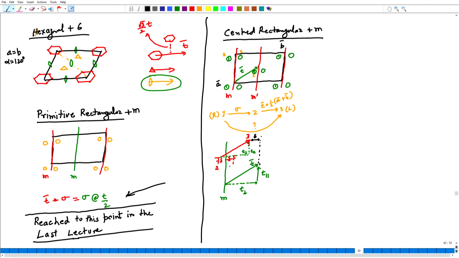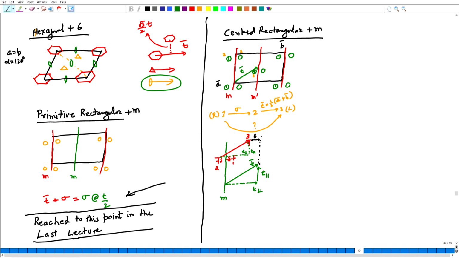Now, motif number 1 is already delta away on the right side from the mirror. Just think about it: after all I have to change the handedness, 1 is right handed and 3 is left handed. So, I need to change the handedness.